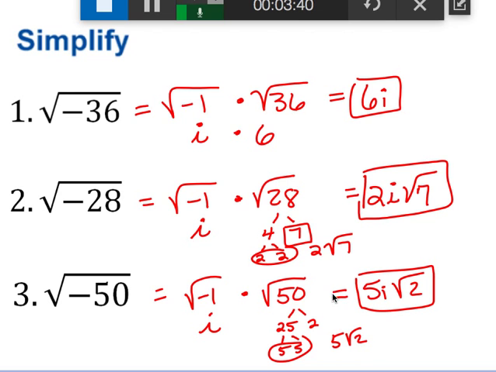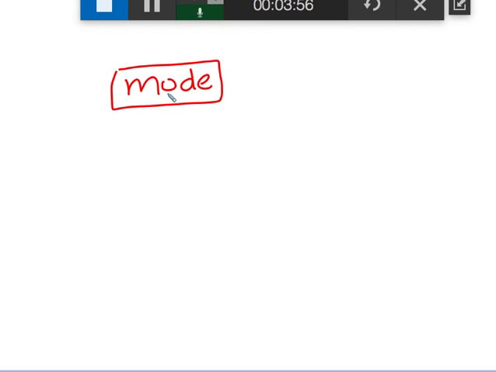Now on your calculator, there is a mode button that you can press to make sure your calculator will express imaginary numbers. So if you'll hit the mode button on your calculator, and scroll down to where you see a plus bi, that should be highlighted.